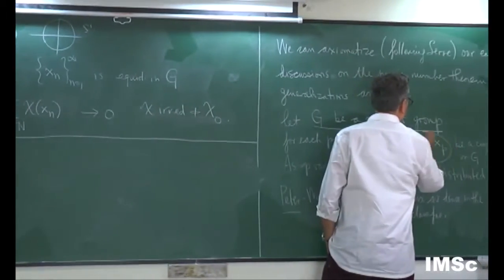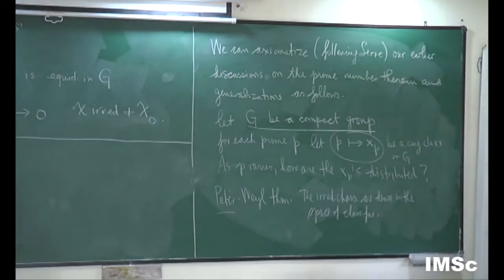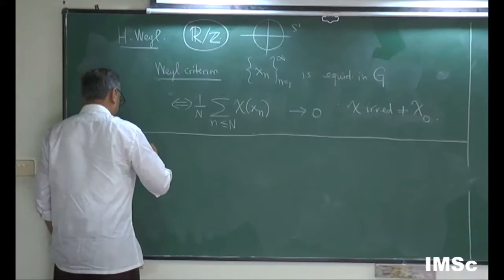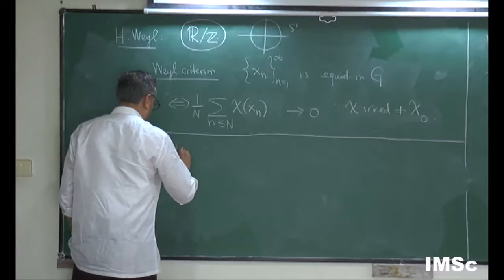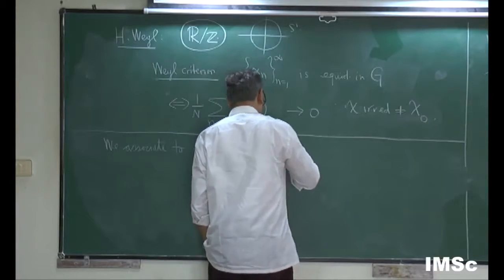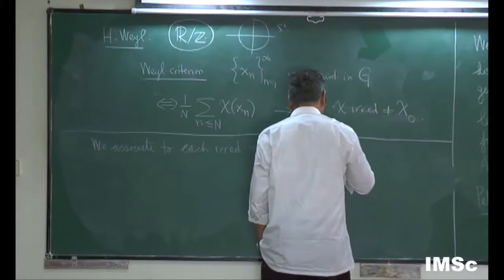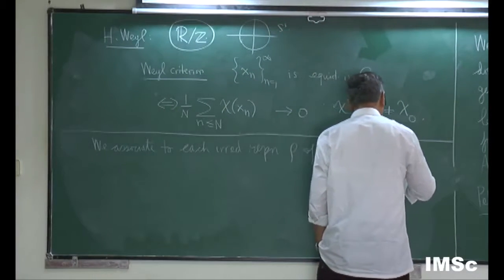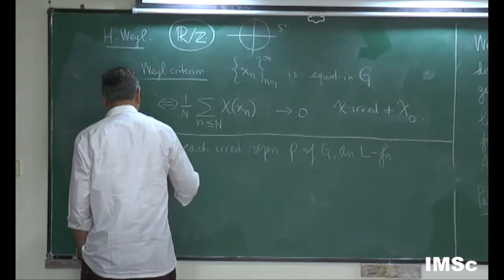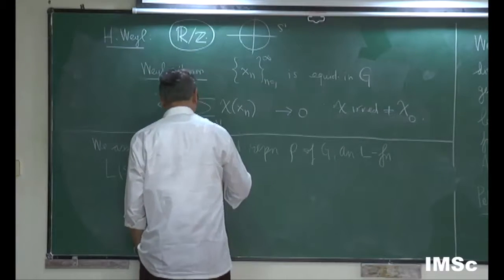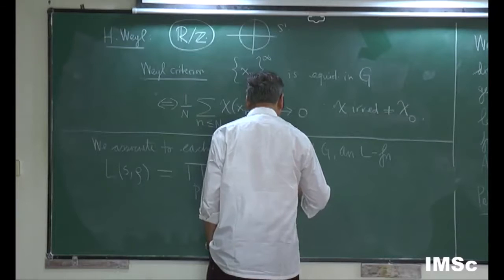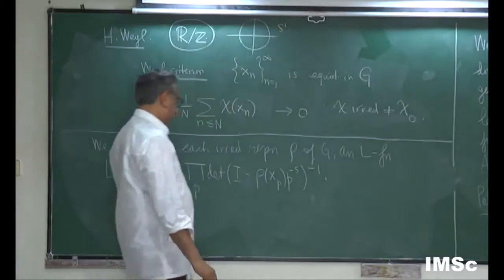So for each prime p, I have a certain conjugacy class, and we associate to each irreducible representation rho of G an L function like this.